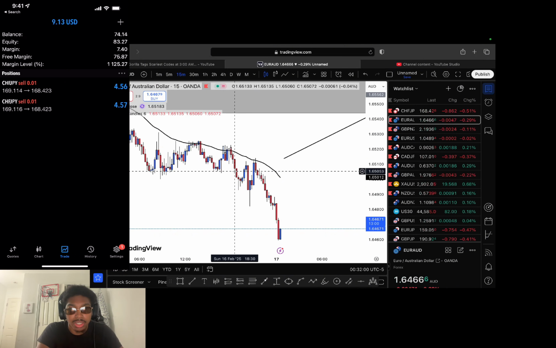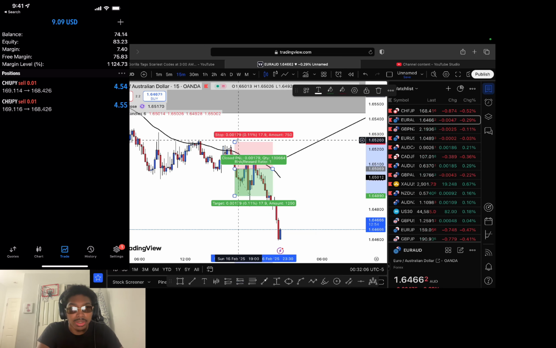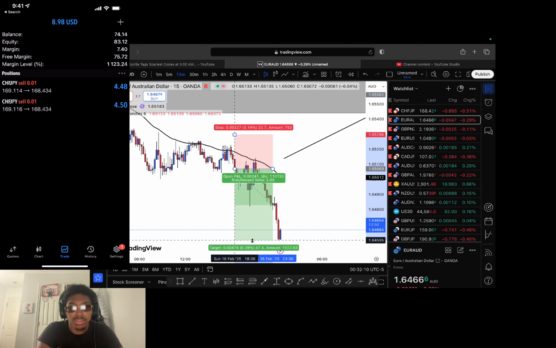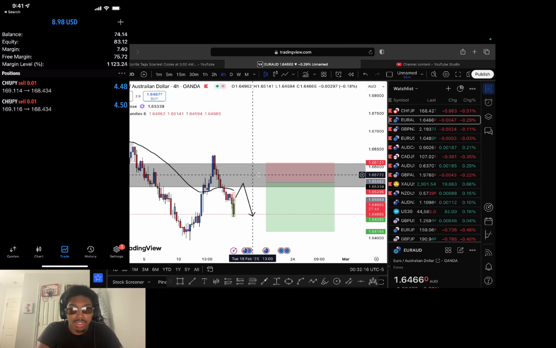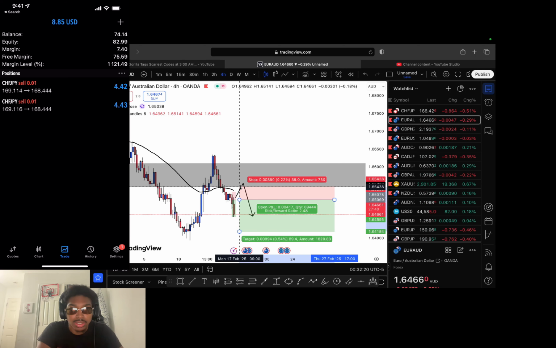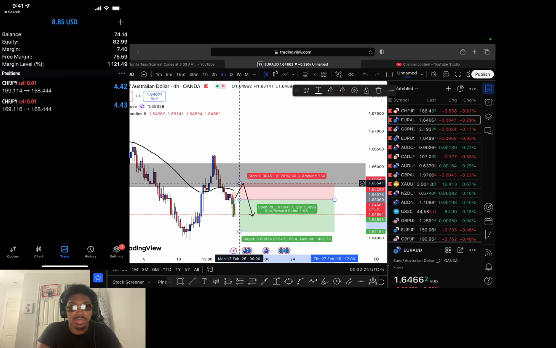I probably would have entered somewhere around this level here. I would have just been holding this trade. I could have caught a 2 to 1 off a quick little scalp, or I could have just held the position for something like this. But yeah, beautiful trade.